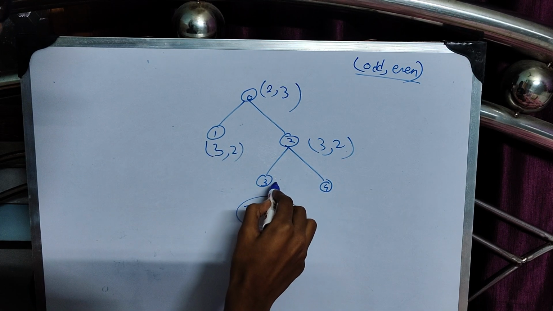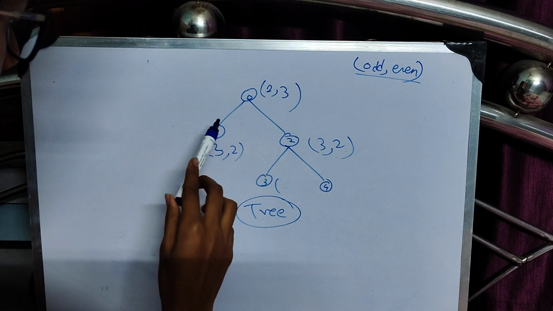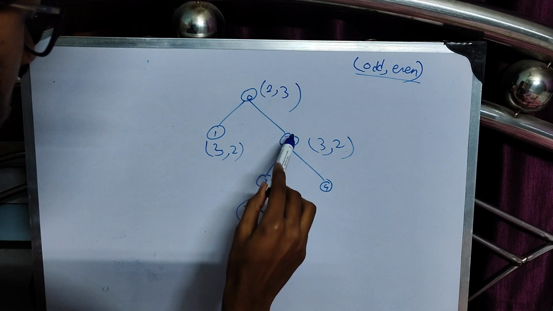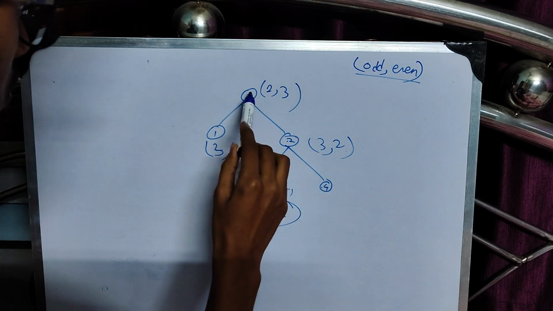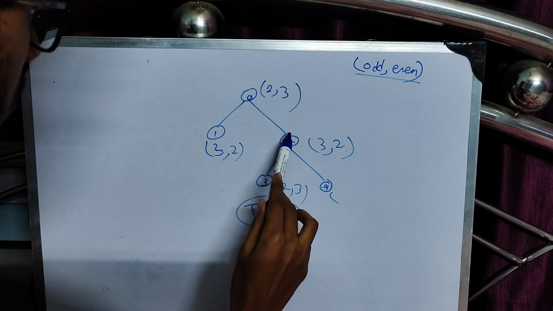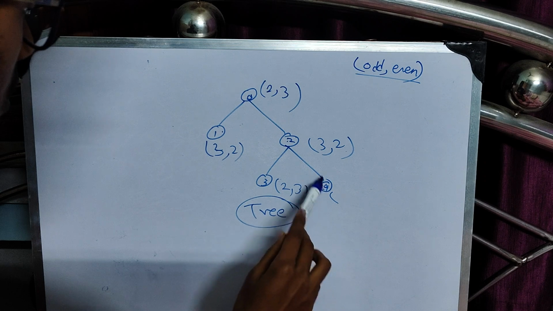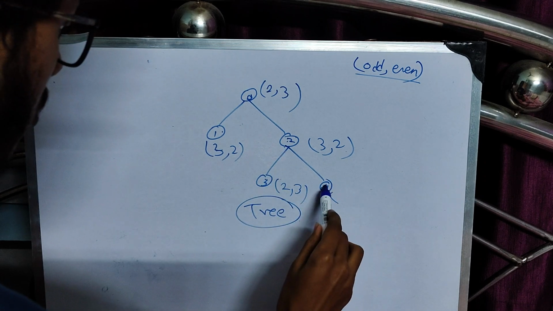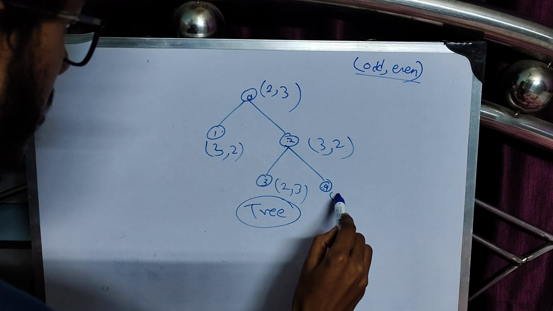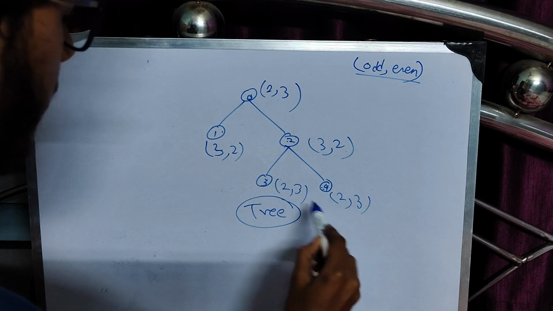For this one, 2 odd and 3 even. And for the last one, 2 odd and 3 even.